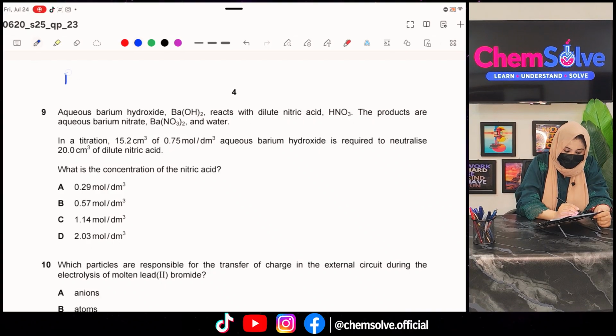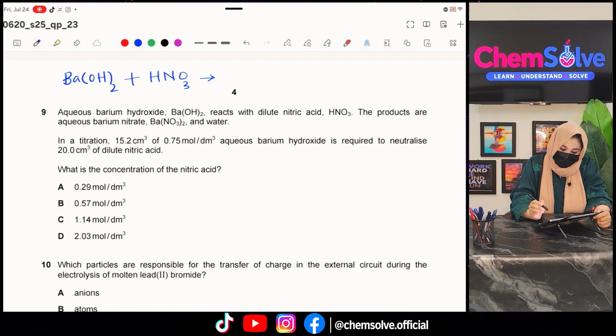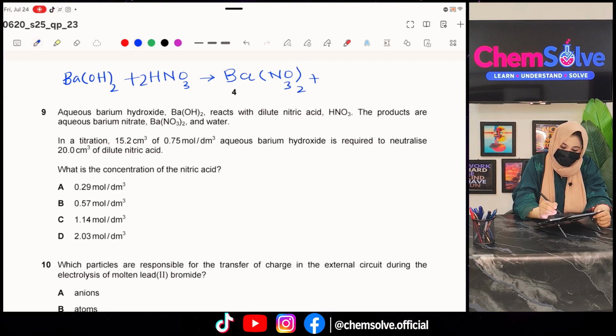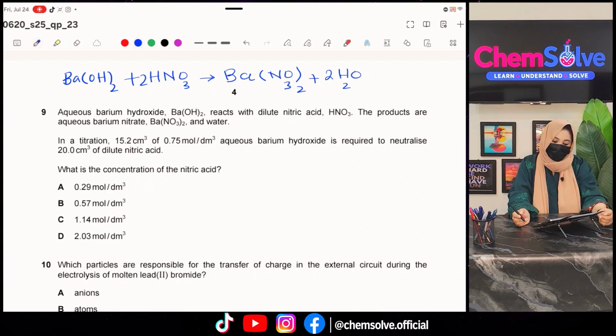Barium hydroxide plus dilute nitric acid, so this is HNO3, and it will form barium nitrate, that is Ba(NO3)2, plus 2H2O. That's it. This is our equation.